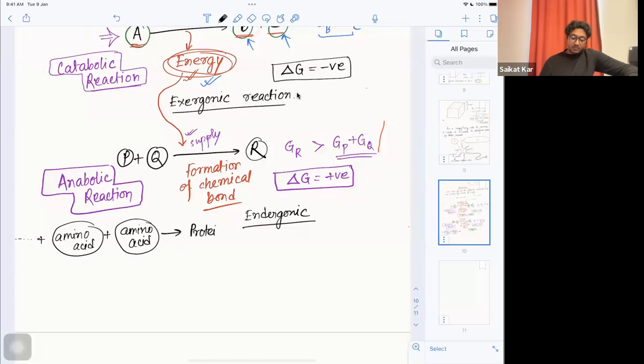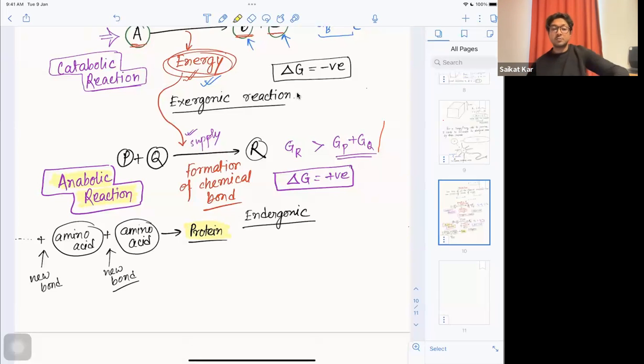Protein. So every time a new chemical bond is forming, this reaction, obviously the synthesis of protein, is an anabolic reaction, and it requires a lot of ATP. So making protein inside our cell needs a lot of energy supply.